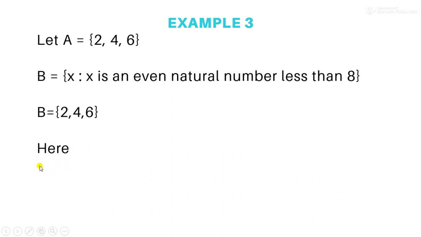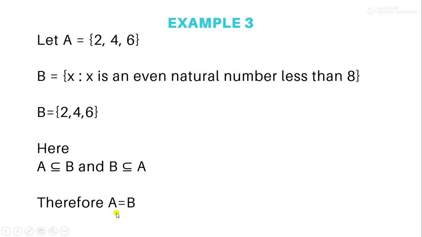Here set A is the subset of B as well as B is the subset of A, because every element of A is also part of B and every element of B is also part of A. So A is the subset of B and B is the subset of A. If A is the subset of B and B is the subset of A, then we can say that A equals B. So set A is also equal to set B. So these are the examples. Hope these examples help you to understand the concept of subset.